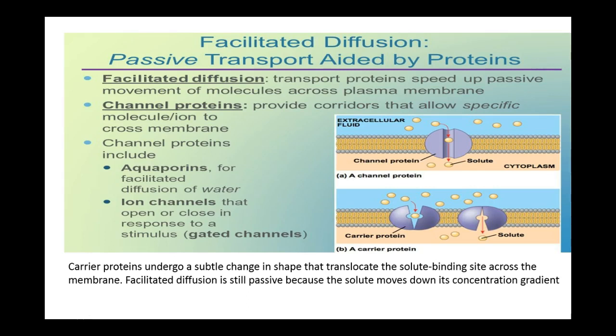And then ion channels. Ion channels can be passive embedded channels in the plasma membrane. They are specific in that we consider them gated channels that will only open in response to a specific ion. Ions, just for a little bit of review, are charged particles.